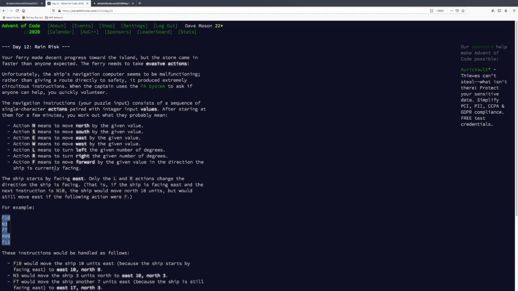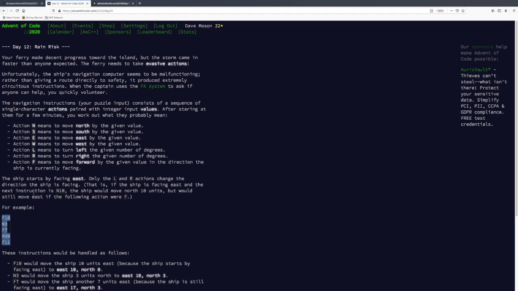All of the moves are integers, and the number of degrees for left and right is always a multiple of 90. So it could be 90, 180, 270, whatever. And the only thing that changes the direction we're facing is the left and right turns.